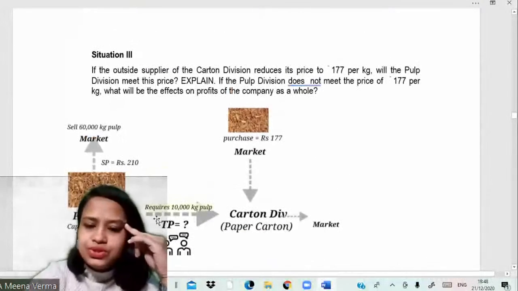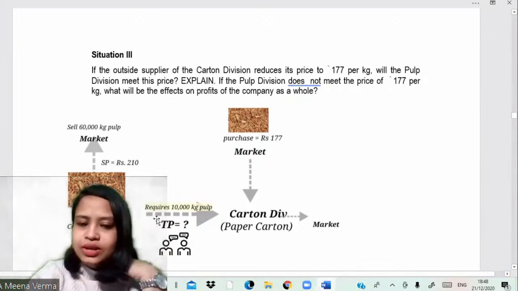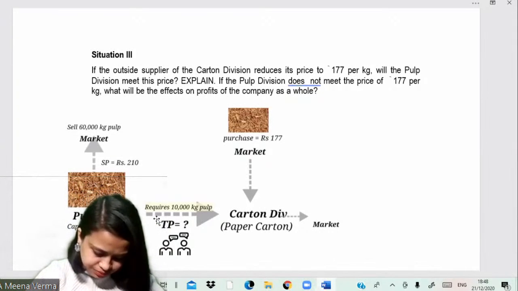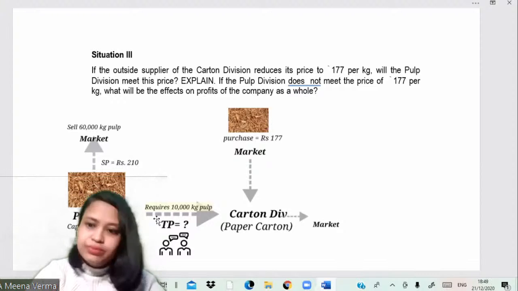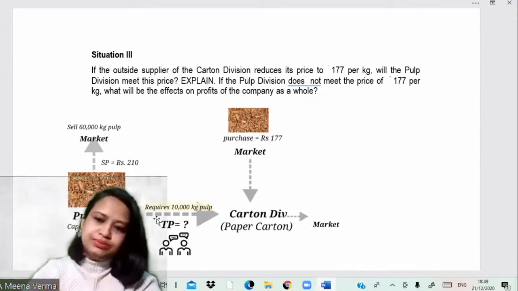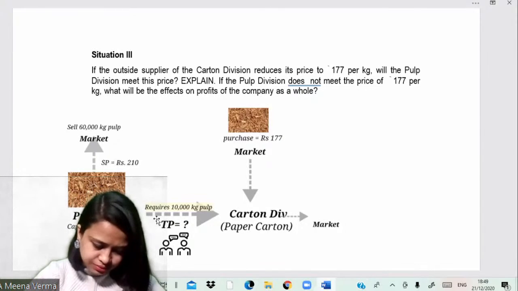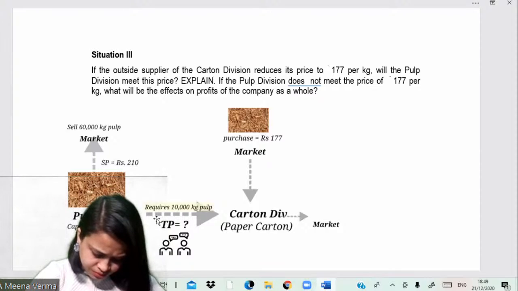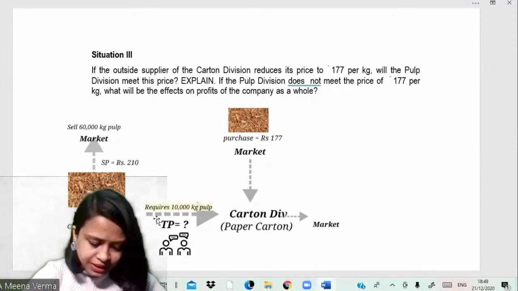Now the third portion of the question. This is the third portion. Please read it and give me the answer.